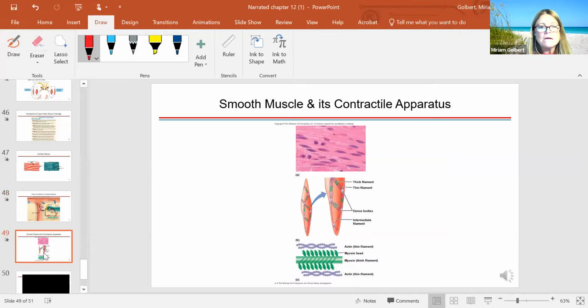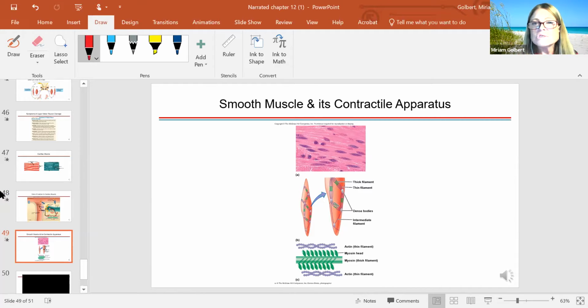And then we have our smooth muscle. It's called smooth because it doesn't have striations. So it doesn't really have that very organized sarcomere structure. They have actin, they have myosin, but it's not arranged in a sarcomere.